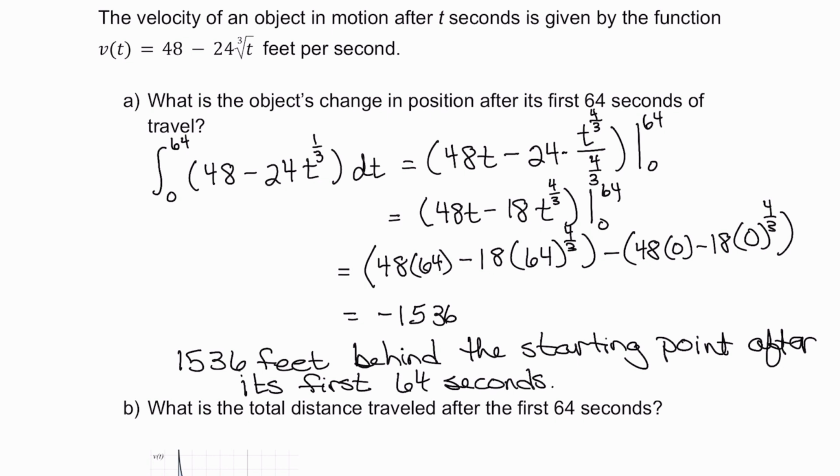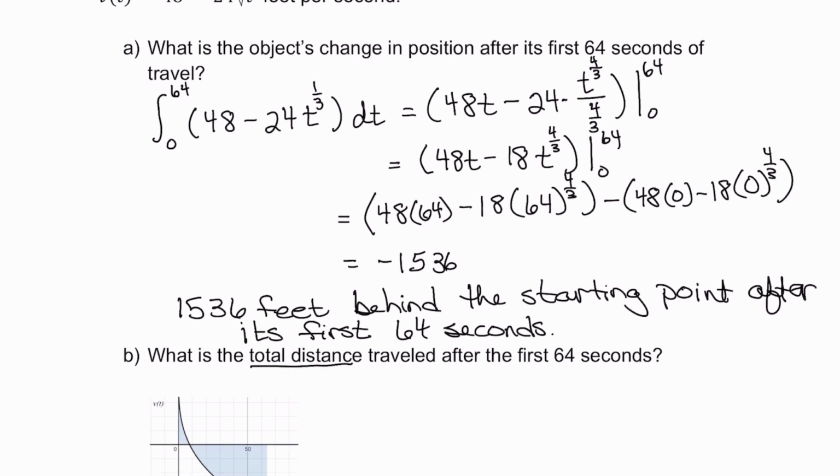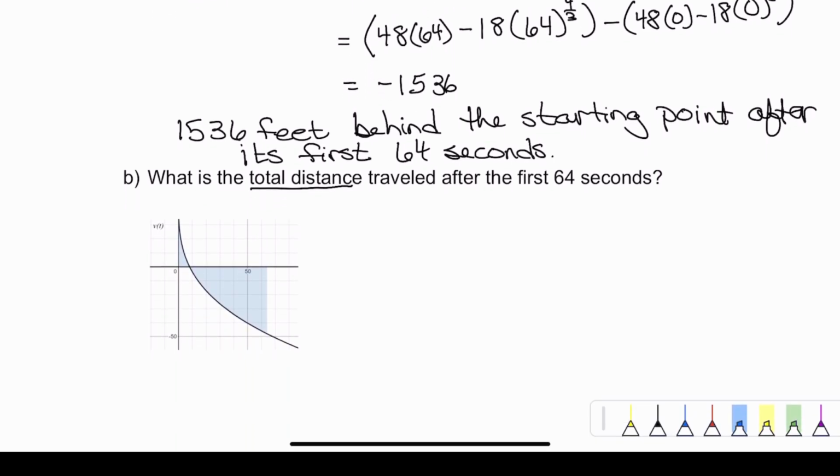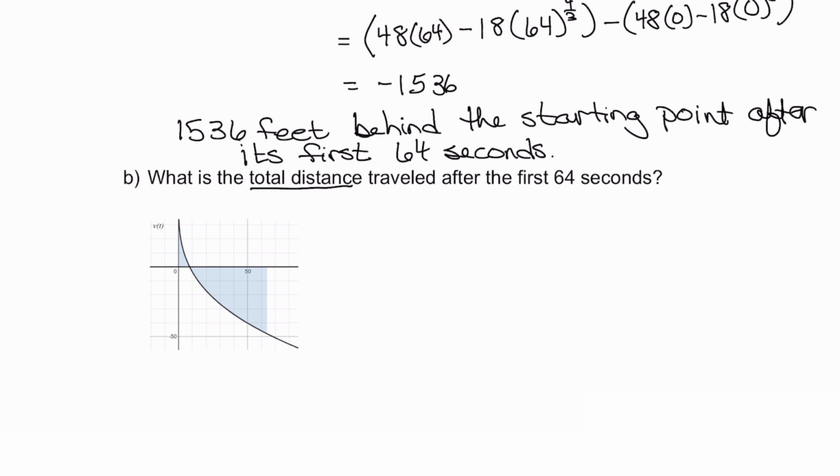For us to get the total distance, remember, the distance will be the same as the area when our area is above the t-axis, and then when our region is below the t-axis, it'll be the negative of it. So we'll have to take the opposite of that negative to add those together.